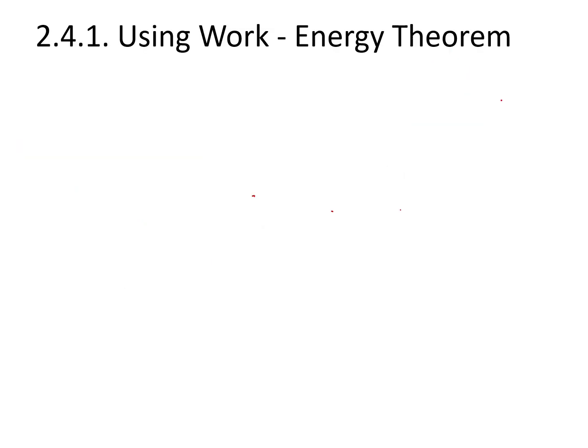Now let's solve this problem using the work energy theorem. The change in kinetic energy equals the total work done by all forces. For the skier, the forces doing work along the slope are gravity and friction. The work done by gravity's downhill component is mg sine theta times d.